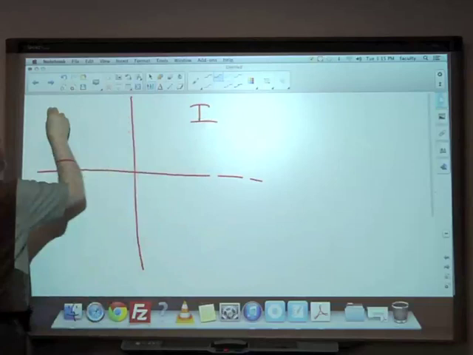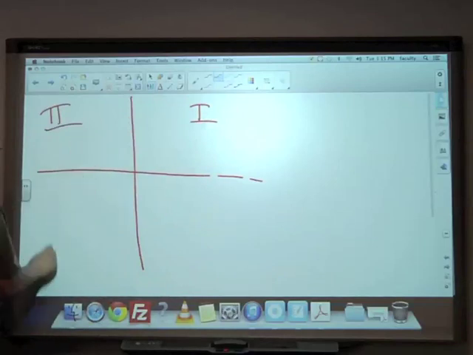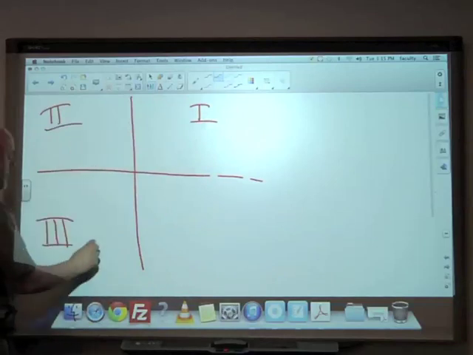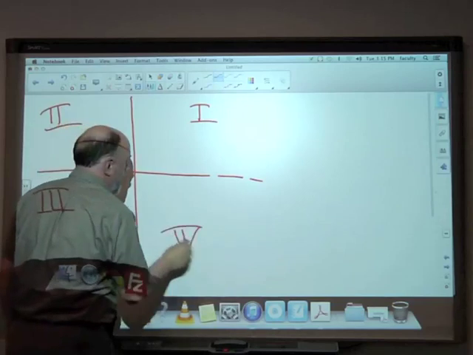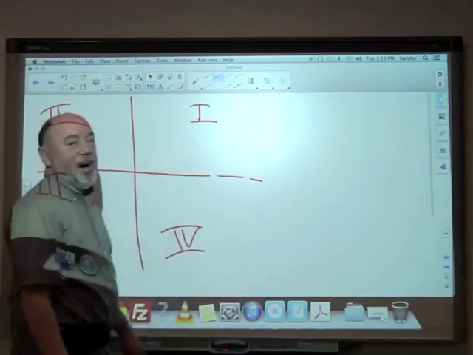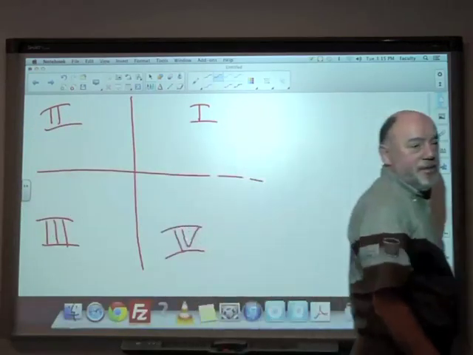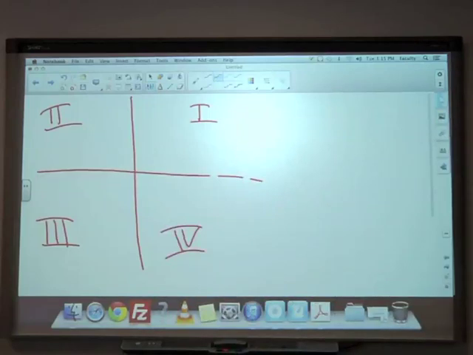quadrant 1. Which trig functions are positive in the first quadrant? In quadrant 1, which trig functions are positive?